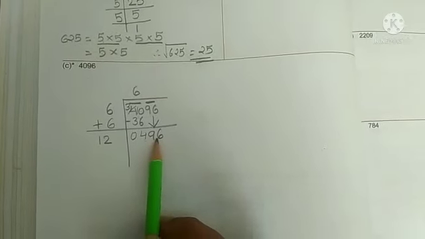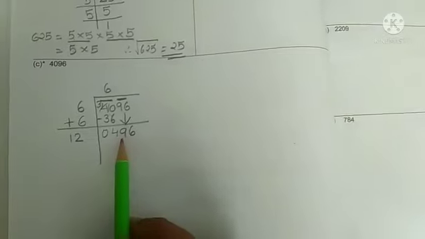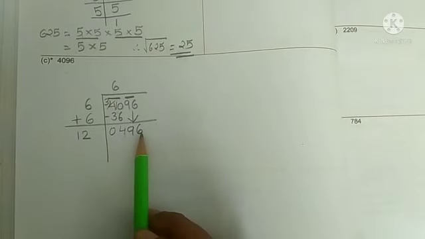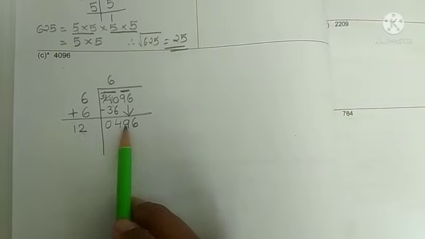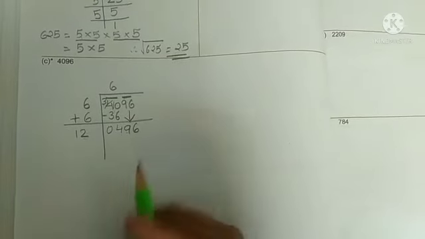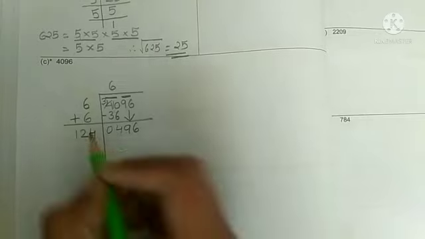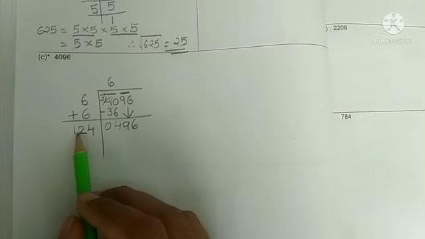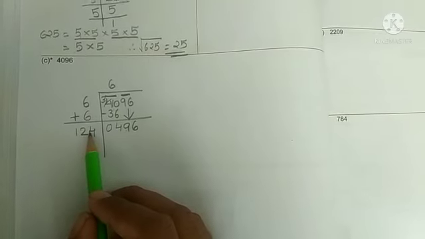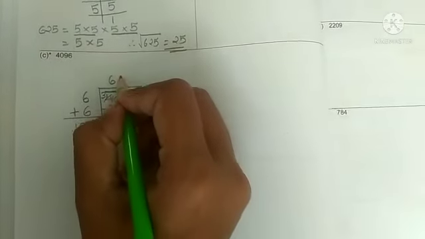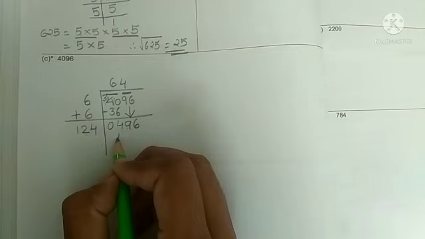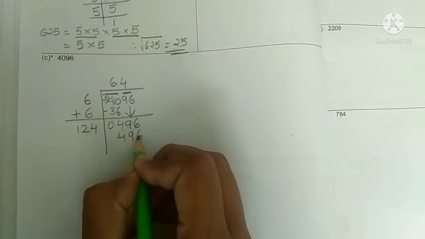Now we have to find out which number you will take with 12 to get 496. Clear? So here if you take 4, 124, 4s are, you will get 496. So 124, 4s are, we will write down 496.